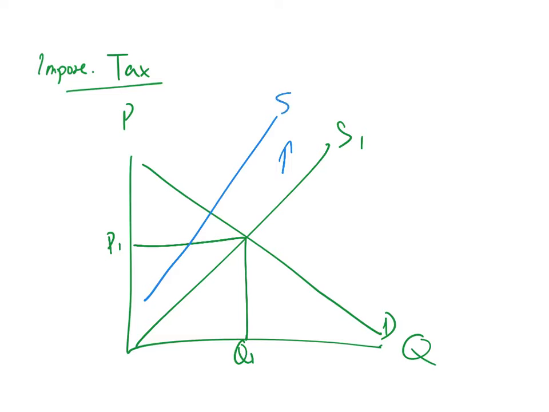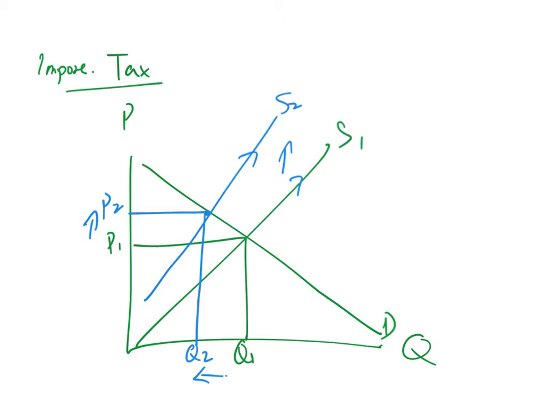That's S2, and please note that it is parallel, because that's unique for tax and subsidy only, they are parallel. Then we figure out the equilibrium, just what we used to. So the price increases and the quantity decreases. Then we go to the next step.